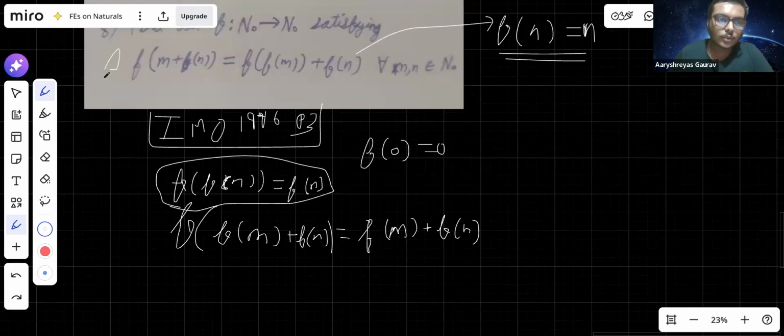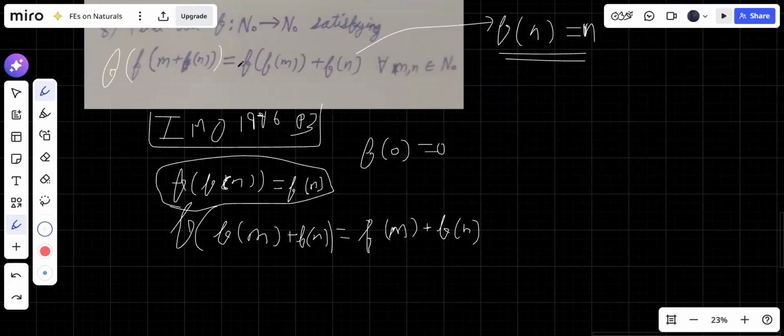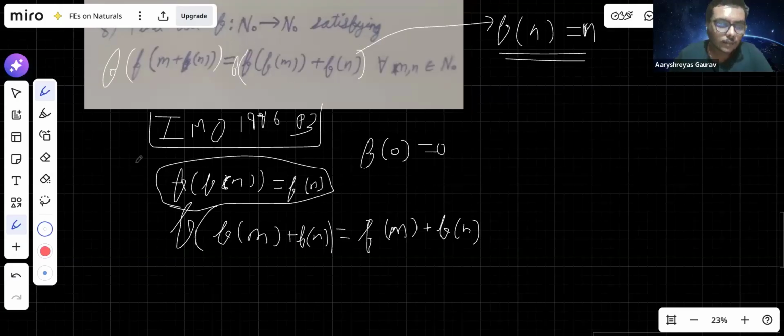You are saying to put this in the function, right? Like this, on both sides. So by that, the left side will look like f of m plus f of n, the same as it looked before.